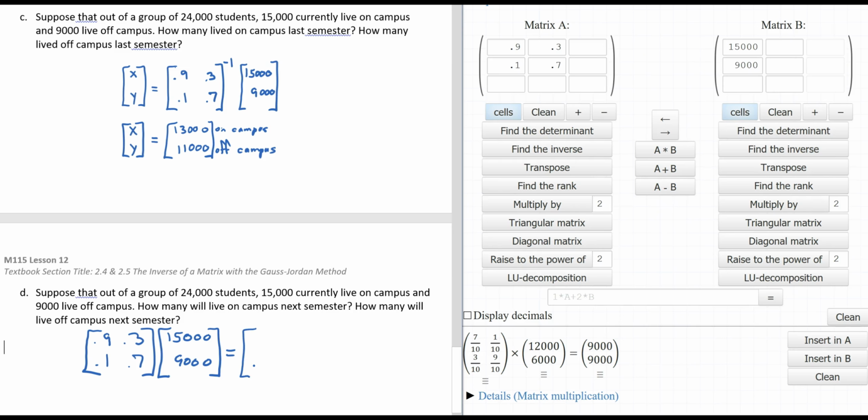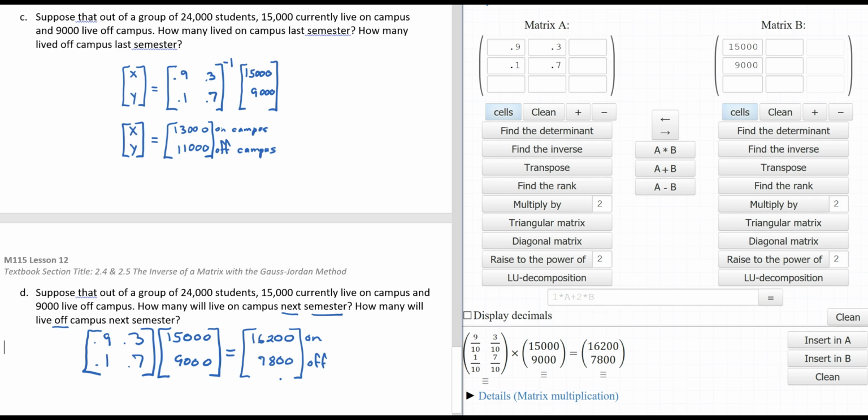So over on matrix calc, I can multiply matrix A and B and find out that the answer is 16,200 and 7,800. That means next semester on campus will be the 16,200, and off campus next semester will be 7,800.